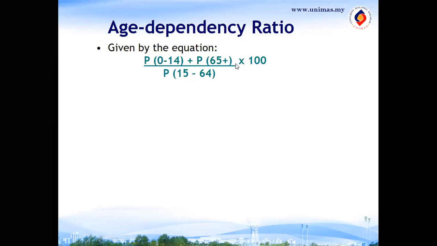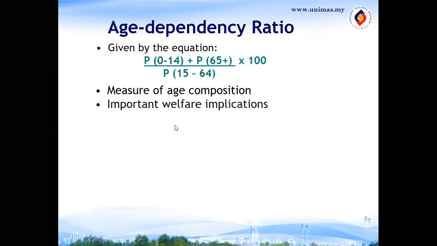And the formula is you total up those who are 14 and below plus the number of population who are 65 and above, and divide by the total number of people aged between 15 to 64. Then you times by 100 to get the percentage. So it is a measure of age composition, by the way.